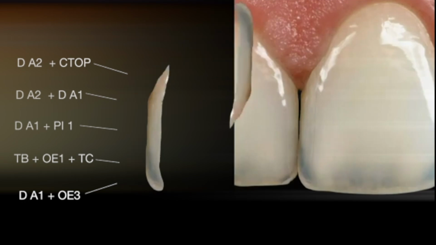When we put the ceramic fragment upside down, we can see by contrast much better the difference and the transition between the cervical and the incisal. So obviously with the monolithic, it's impossible to achieve this transition because the shade on natural teeth doesn't come from the surface, it comes from deep.